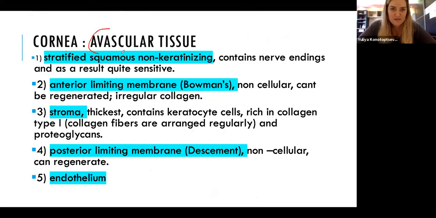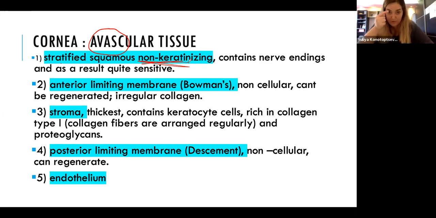The cornea is an avascular structure, it doesn't have any blood vessels in it, and it consists of 5 layers. The outermost layer, the one which is facing outside, is the stratified squamous non-keratinized epithelium. This is very interesting because skin is facing outside, but it is keratinized.